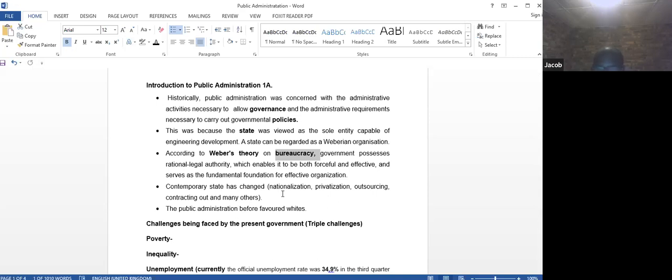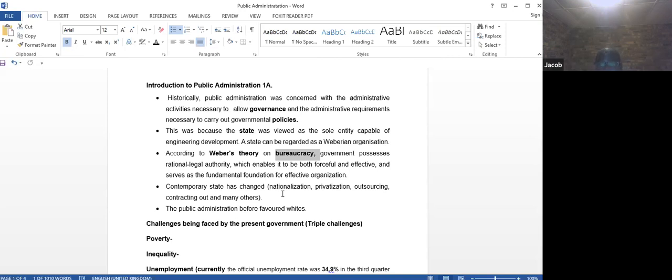Contemporary means the modern state, where the things that used to be forcefully done by the people deciding for the majority are no longer like that. It's now a democratic issue where the people are allowed to participate in decision making, particularly with public administration.